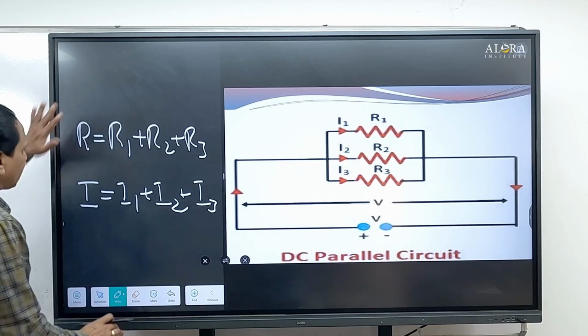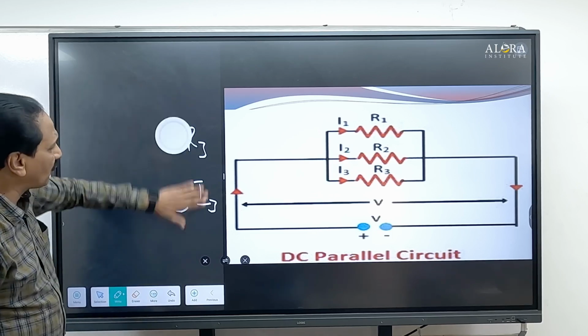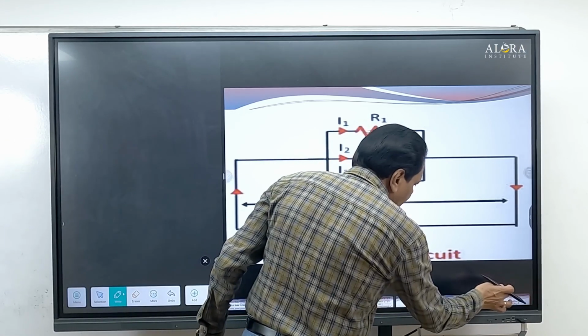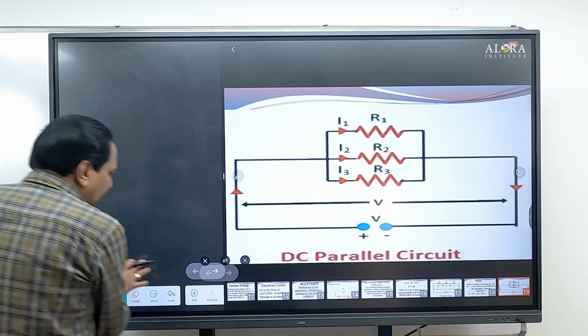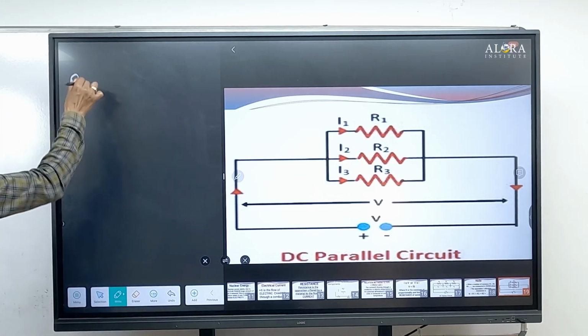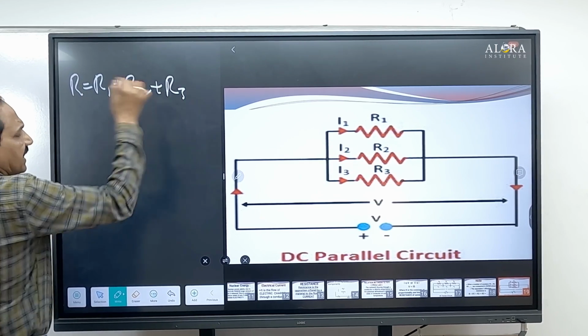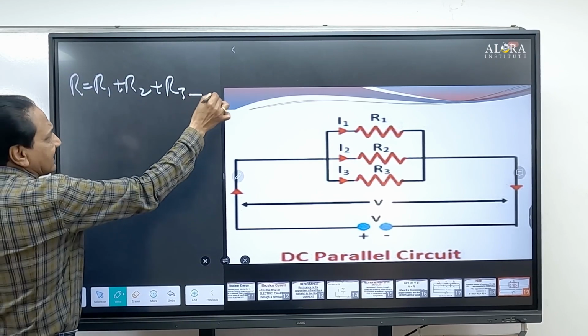In the parallel connection, if you want to find the equivalent resistance, just make a note of it. In the series connection, R equals R1 plus R2 plus R3, right? And so on.